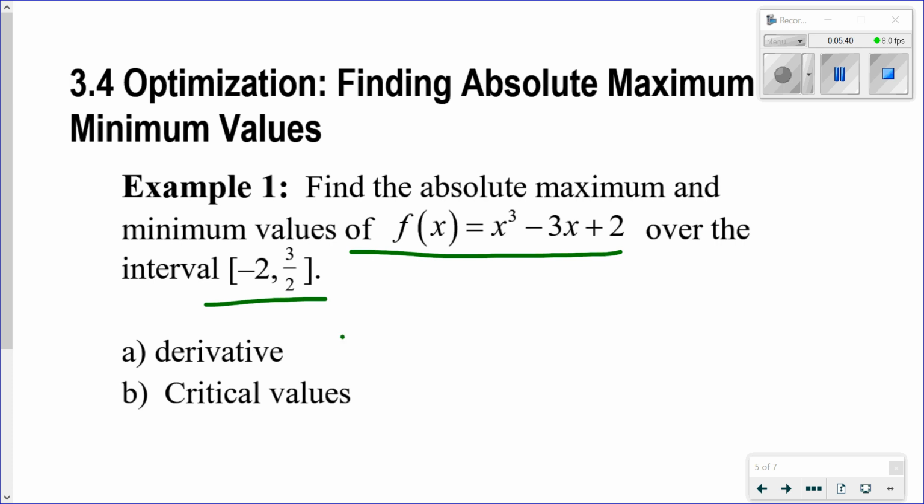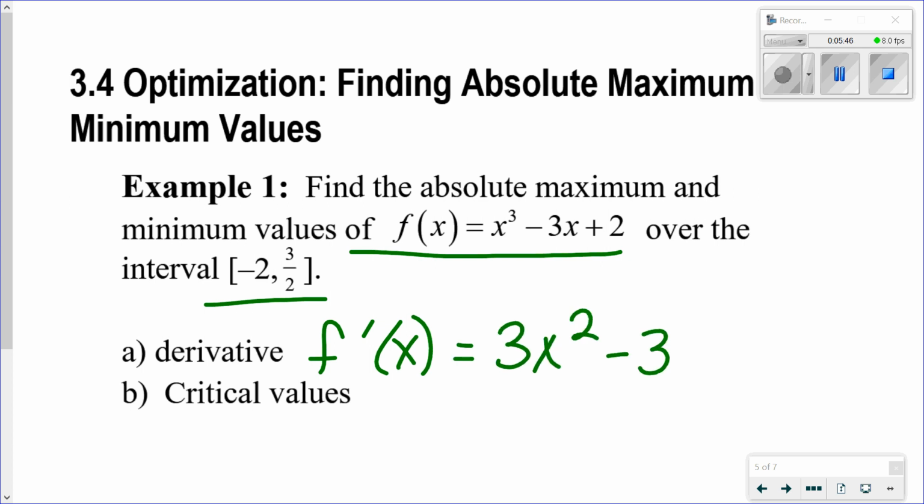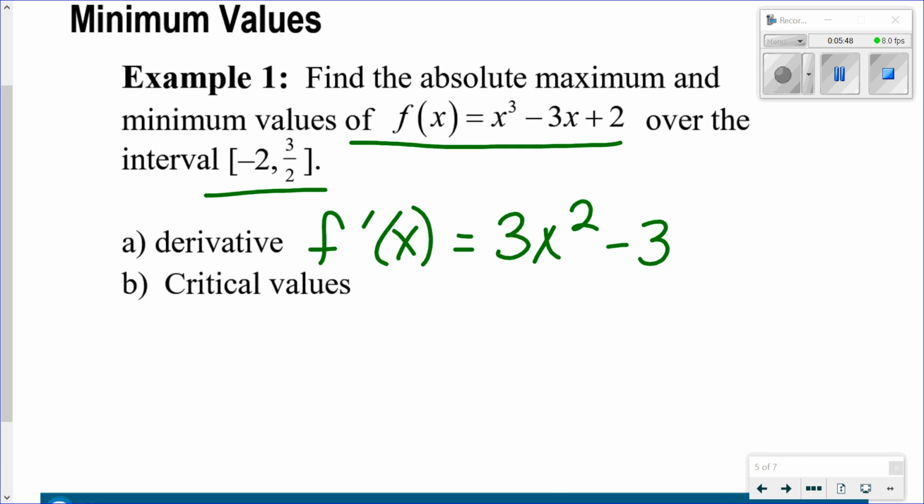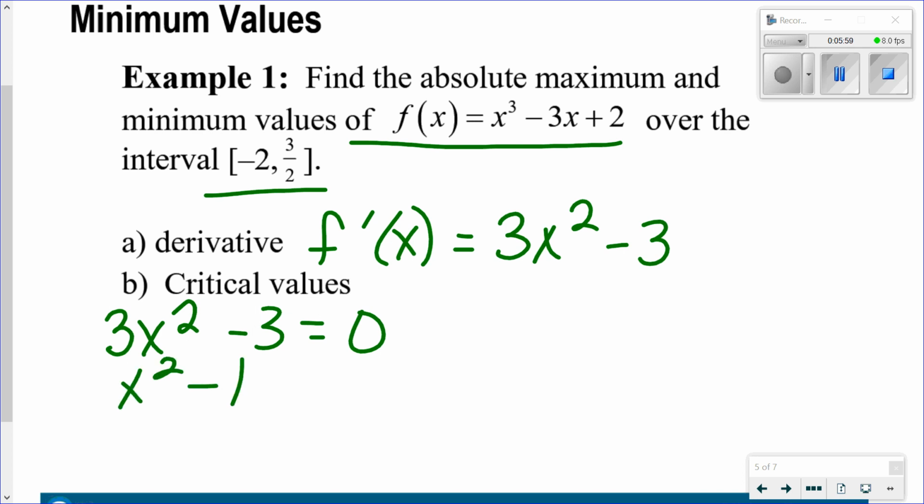The first thing we need to do is find the derivative. So we have 3x squared minus 3. Then we need to find the critical values. So 3x squared minus 3 equals 0. Divide everything by 3, so we get x squared minus 1 equals 0. So x equals plus or minus 1. Our critical values are +1 and -1.